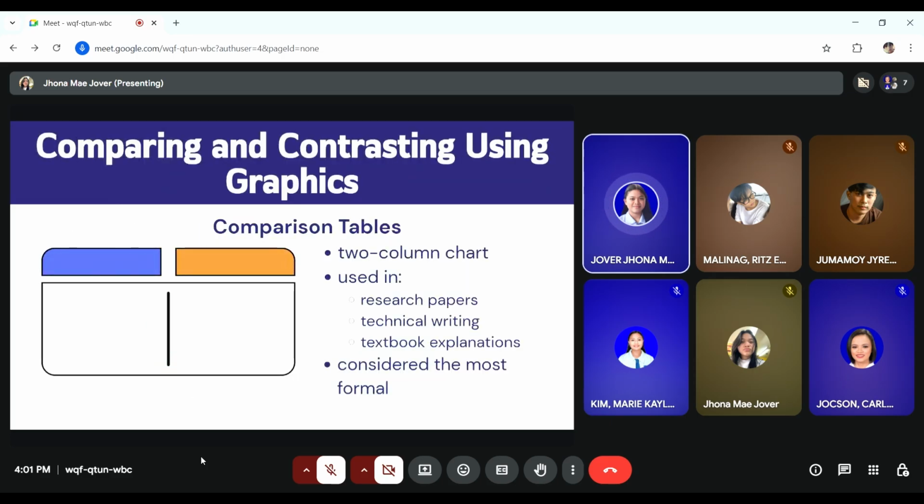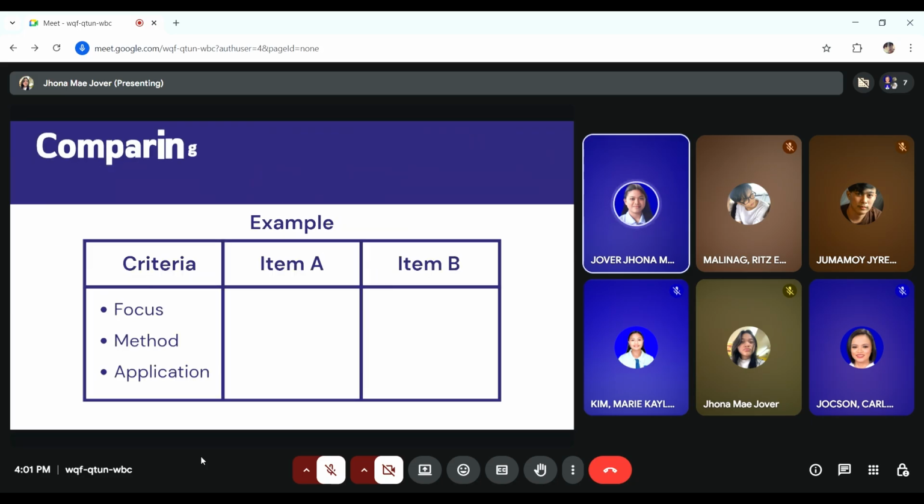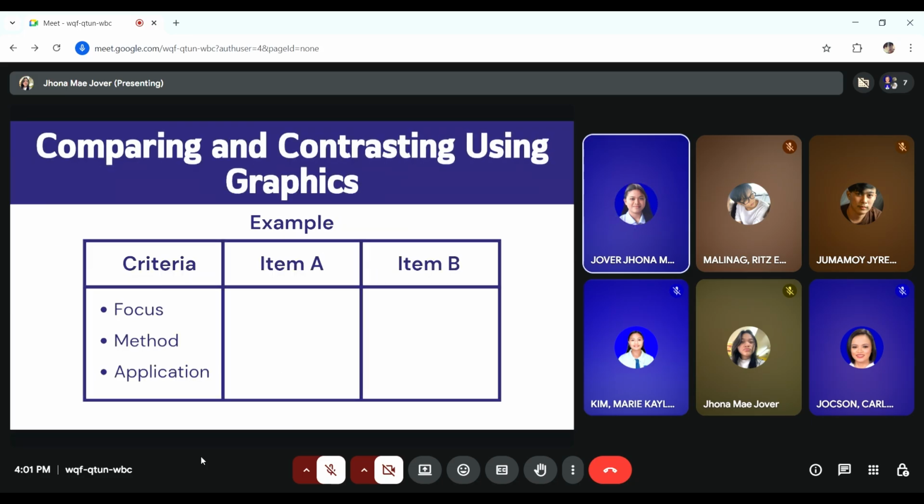Next is the comparison table. It is a two-column chart which is used in research papers, technical writing, and textbook explanations. The columns usually represent the items being compared, while the rows represent the criteria or features you are comparing.